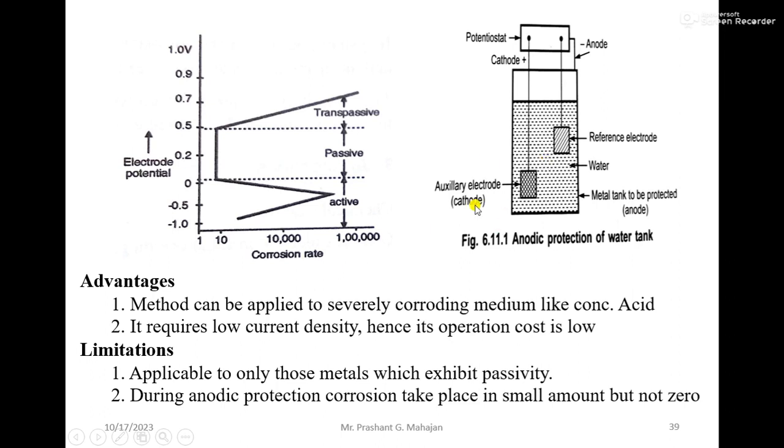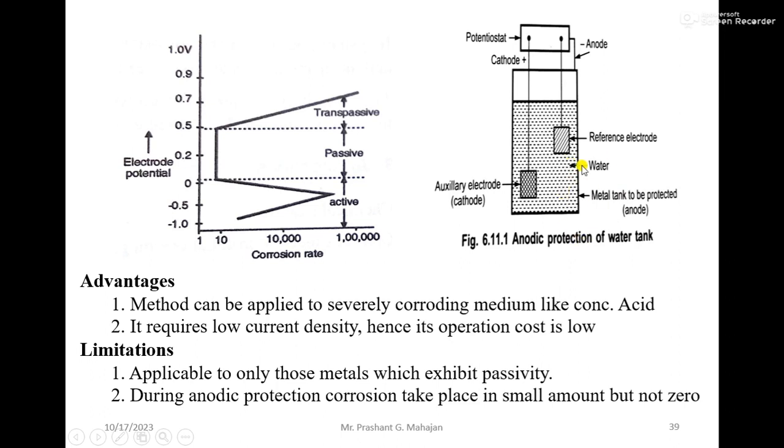In this diagram there is an auxiliary electrode and a reference electrode; the negative terminal is connected to the cathode and the positive terminal is connected to the anode. The electrolyte contains chromate, phosphate, borate.